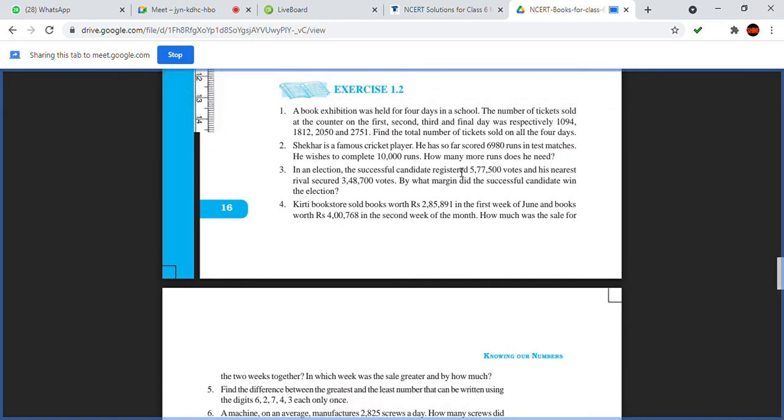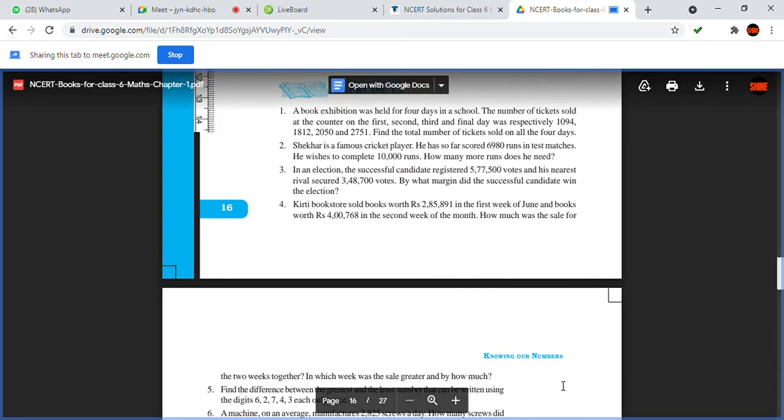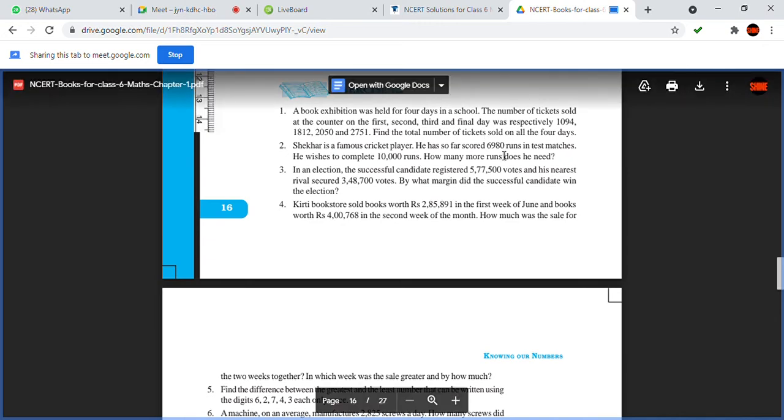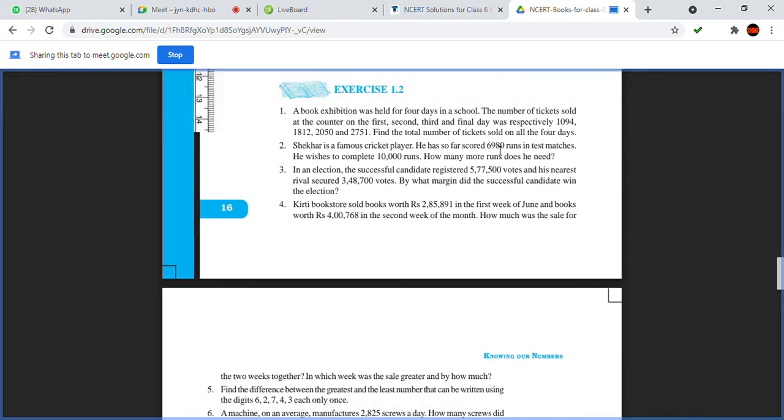Then more runs he needed. More runs he needed is equal to 10,000 minus 6,980. Miss, the number of more runs he needed. Okay, that's okay. Number of runs more he needed is equal to 10,000 minus 6,980.